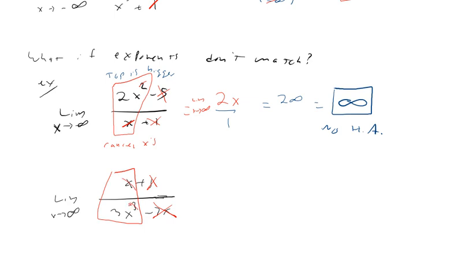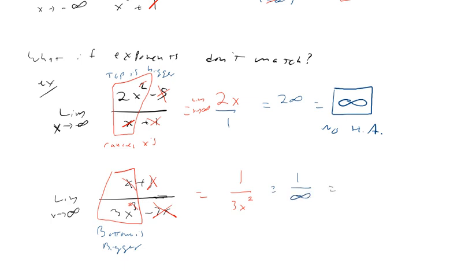Right? So now my bottom is bigger. And I have like 1 over infinity. Well, if I take a fraction, 1 divided by a really, really big number, 1 divided by a million, it gets smaller and smaller.